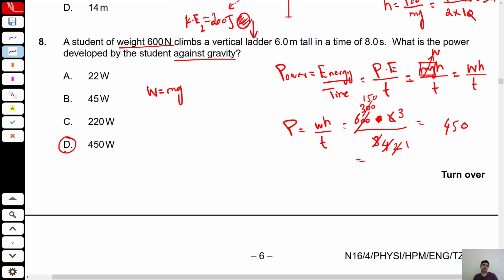It's going to be 450 watts of power developed while doing work against gravity. Yeah, the SI unit for power is watt. This was the equation I used.